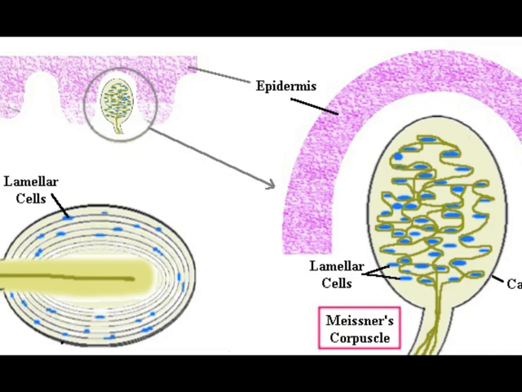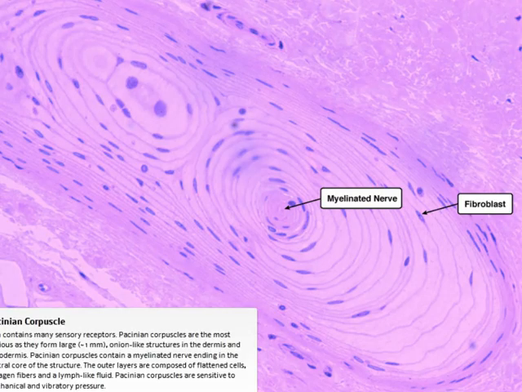Pacinian corpuscles are large ovoid structures measuring 1 millimeter or more in their long axis. They contain the terminations of myelinated nerve fibers. Once within the capsule, only the initial part of the nerve fiber retains its myelin cover. The terminal part of the fiber is unmyelinated.